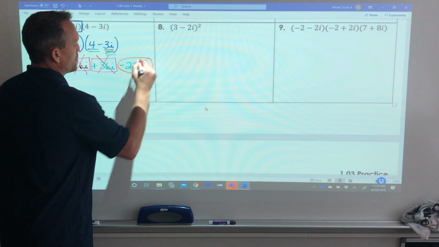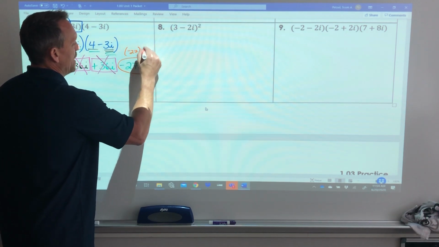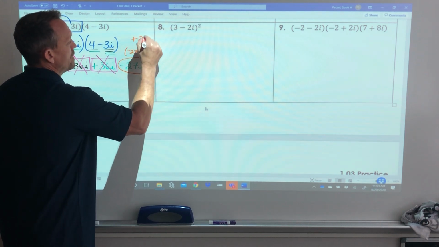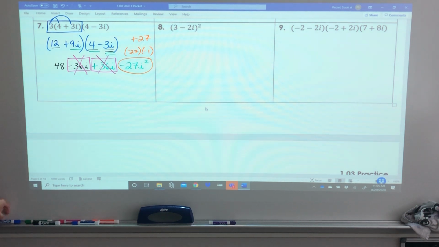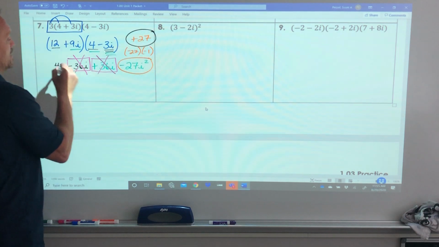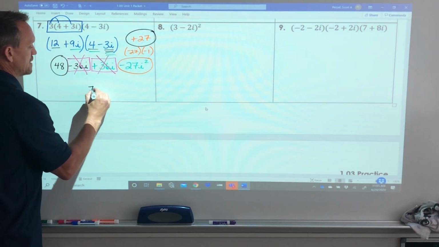Now we look at this. We have negative 27 times negative 1, which gives me a positive 27. At that point, let's pick this color. Positive 27, 48 should be 75.